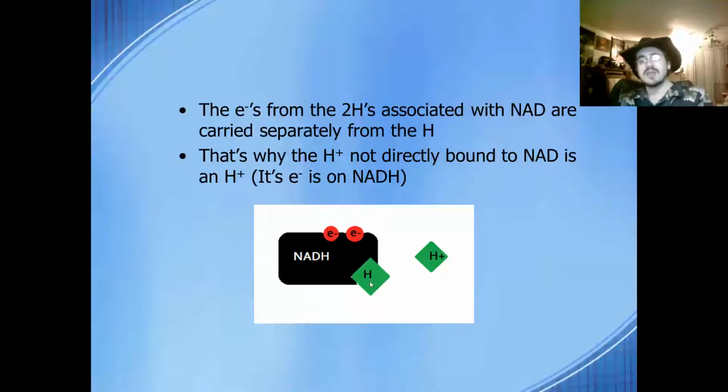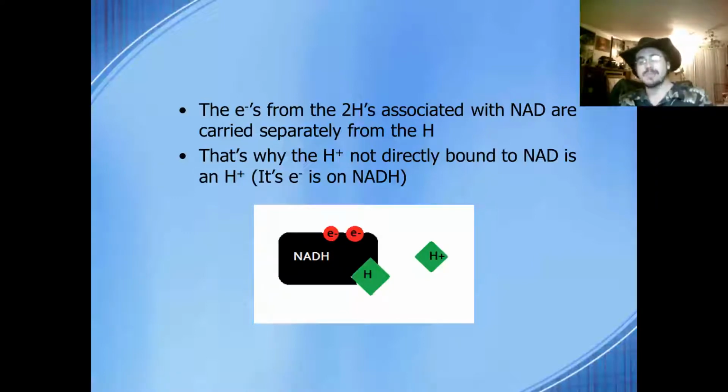It's just that the proton and the electron are carried separately on NADH. So, good to know. And then this over here is a hydrogen ion because its electron is right here. So the 2 electrons from the 2 hydrogens associated with NAD are carried separately from the hydrogen. That's why this H plus that isn't directly bound is an H plus. Its electron is over on the NADH.